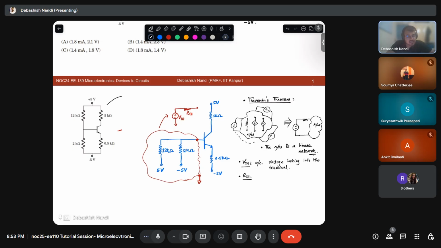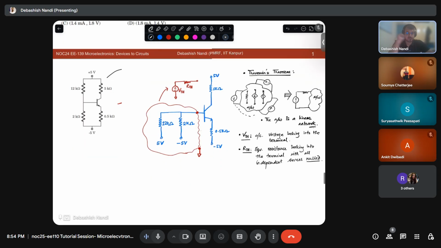And what is RTH? How do I find RTH? It is the equivalent resistance looking into the terminal with all independent sources nulled.